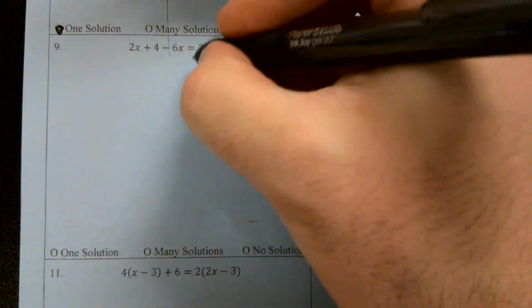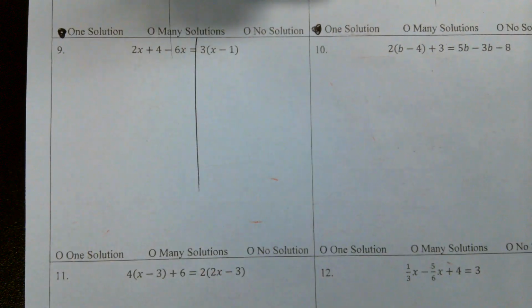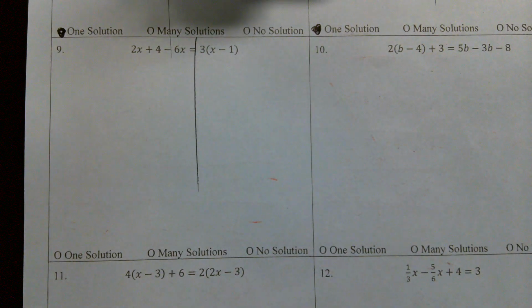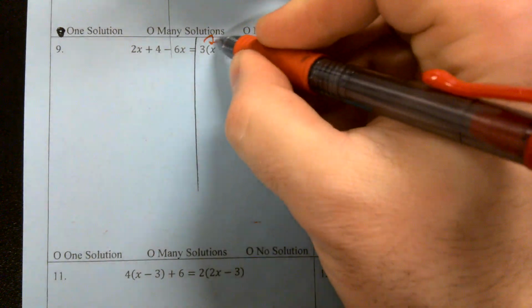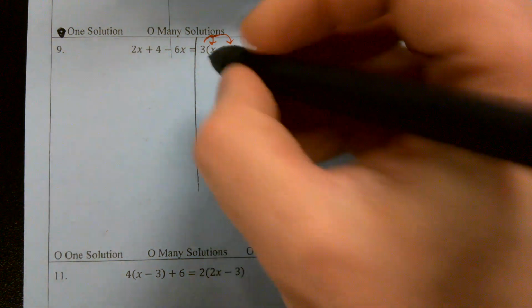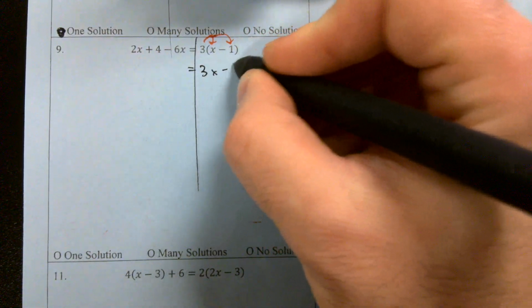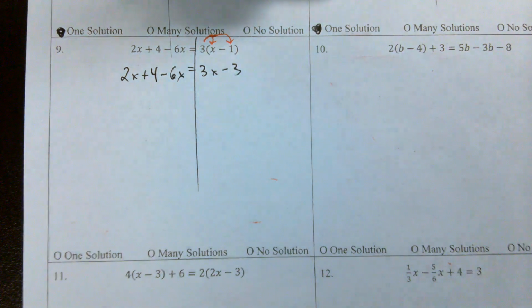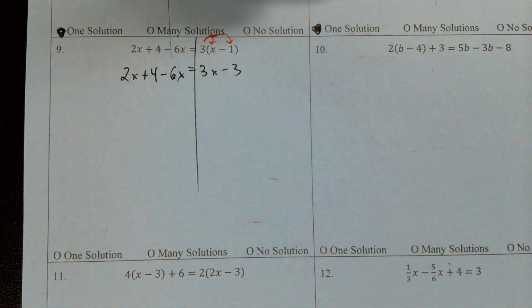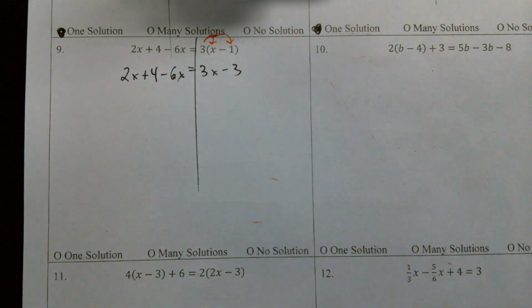Number 9. It's going to sound repetitive, but this is a repetitive process. I'm going to go through my 7 steps, the first of which being to distribute my 3. I get 3x minus 3 on the right. My left side stays the same. What can I do now? That's right, combine like terms.